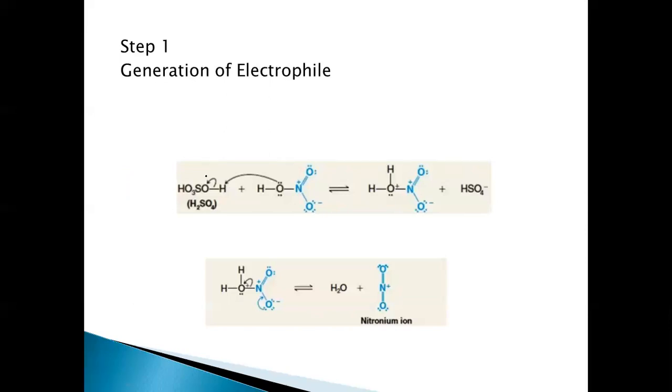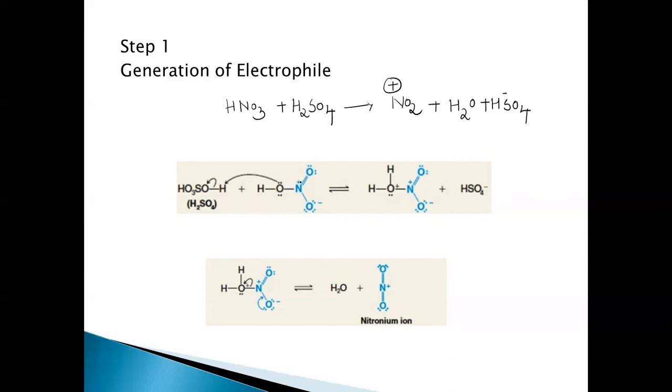In the generation of the electrophile, nitric acid reacts with sulfuric acid, where sulfuric acid provides a proton, resulting in the nitronium ion, which is the attacking electrophile, and water plus HSO4 minus.